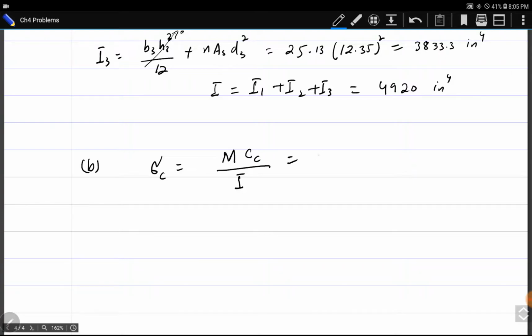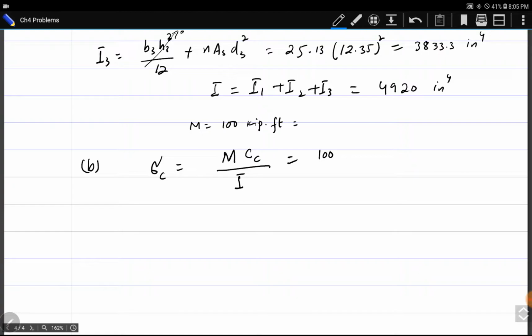It is 100 kilopound feet. Let me first convert M into pound inches.